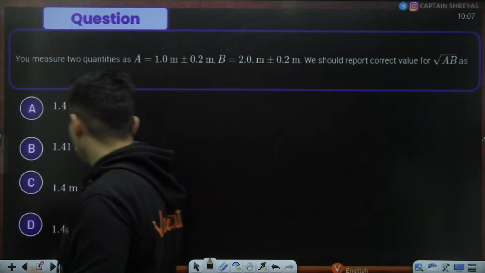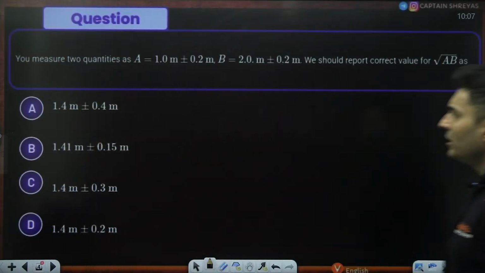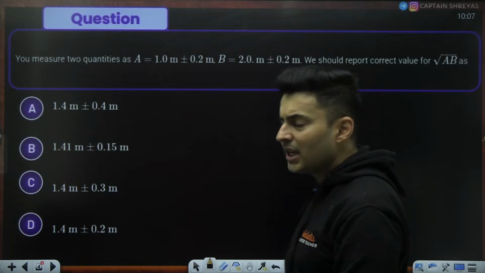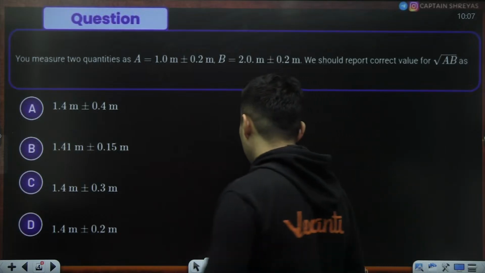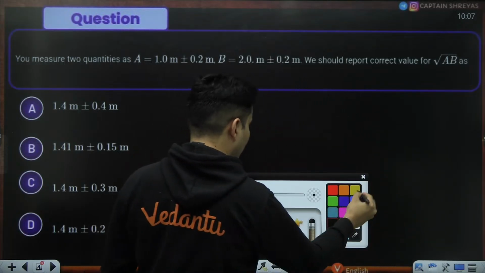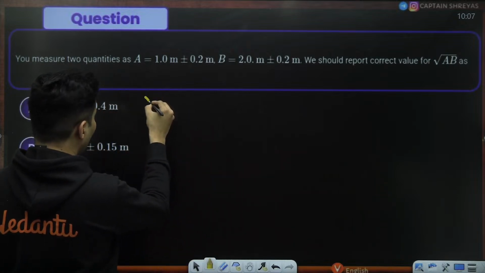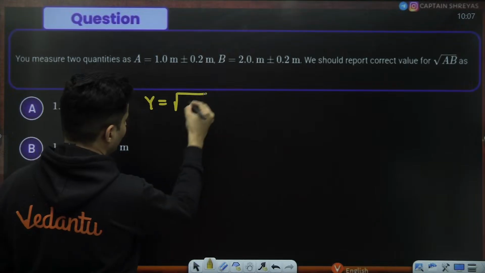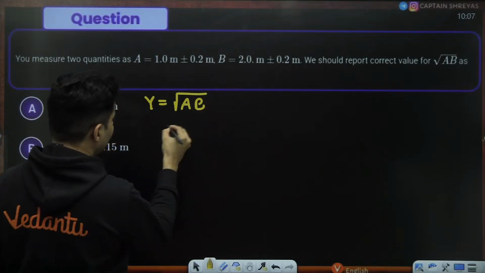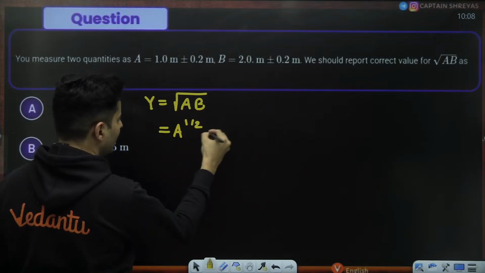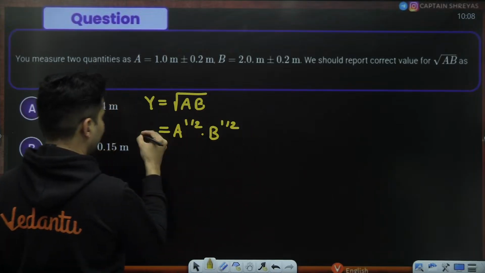All right. So let's begin with the first question. If you measure two quantities A and B, then what should be the correct value of root AB in terms of errors? So this is a question of errors. As you can notice over here, our quantity y is nothing but root of AB, which is nothing but a raised to half into b raised to half.